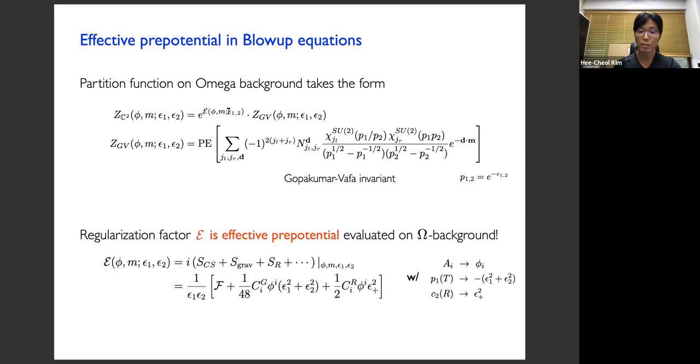And this prefactor is the regularization factor. Interestingly, it turns out that this factor is nothing but the effective prepotential at low energy on the Coulomb branch, evaluated on the omega background. It can be written as the collection of the Chern-Simons terms at low energy and their supersymmetric completions. Now we evaluate all this low energy action on the omega background, and this is the result.